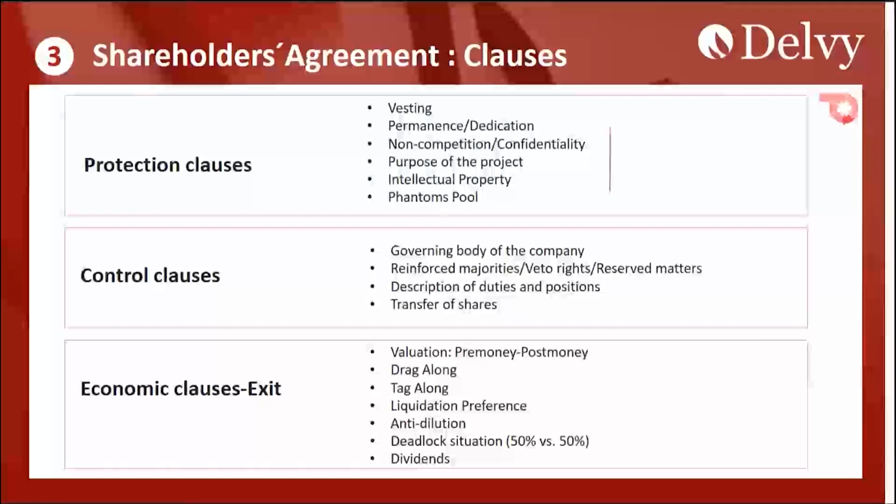So everything has to be regulated in the sense that if the founder leaves, the IP stays in the company. The trademarks are registered within the company, and so on.